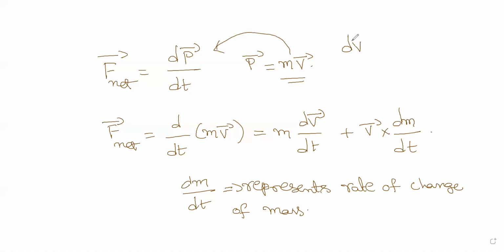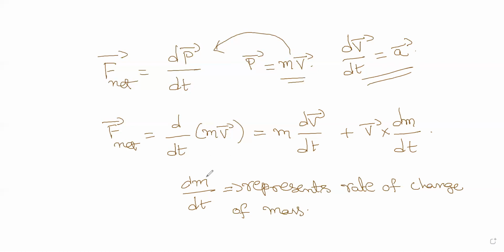And dv bar by dt is nothing but the rate of change of velocity, that you know very well, that is acceleration. So these are the things you have to remember.